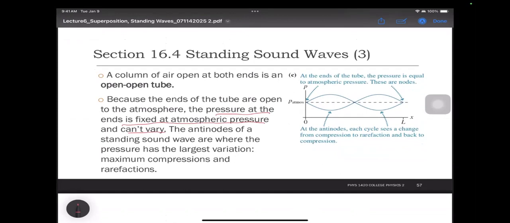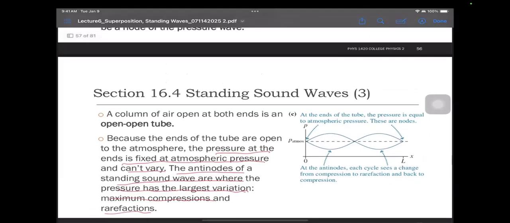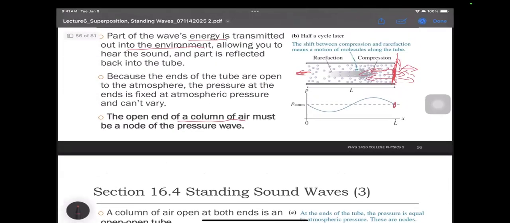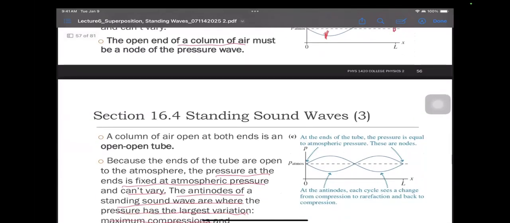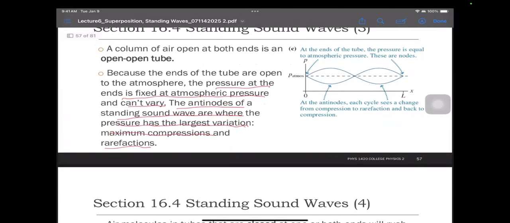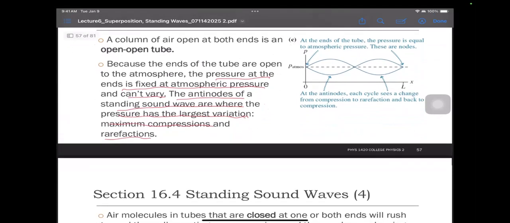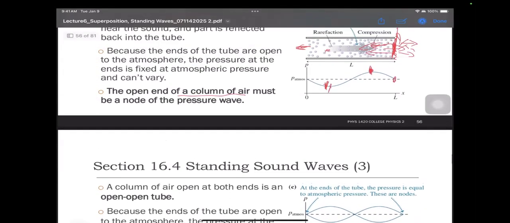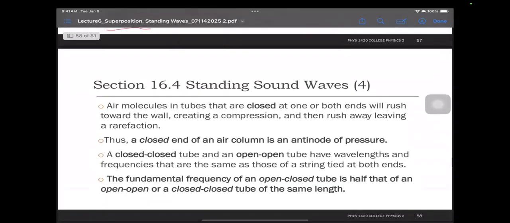We have already talked about the antinodes of a standing sound wave: they are where the pressure has the largest variation, maximum compressions and rarefactions. Here is the compression with maximum displacement, and rarefaction is like a negative maximum displacement. Does that make sense to you? Here we generate the antinodes, and here are the nodes. This is for the open tube.